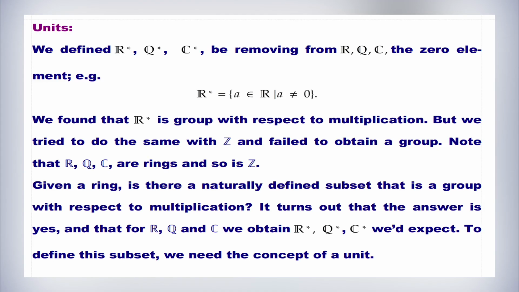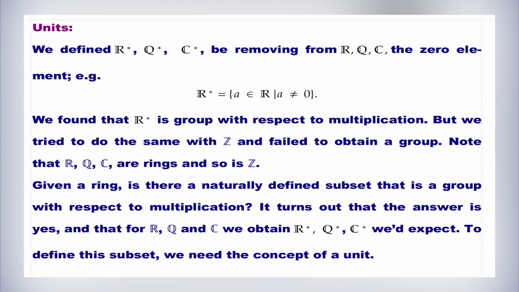Let us start the next part of this module, which is units. We defined R star, Q star and C star by removing the 0 element from R, Q and C. Example: R star equal to the set of all a in R such that a not equal to 0.